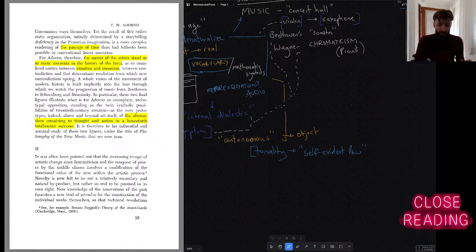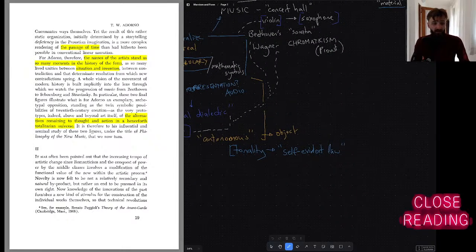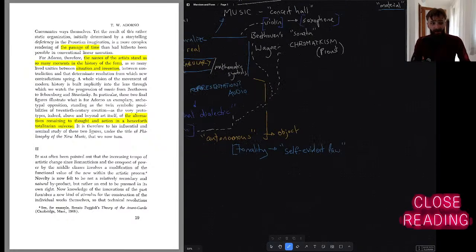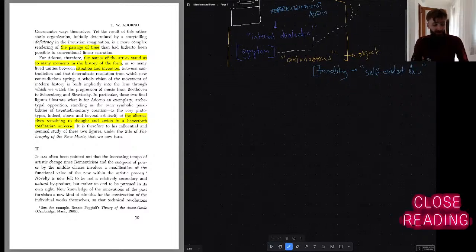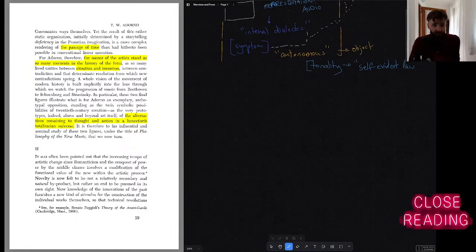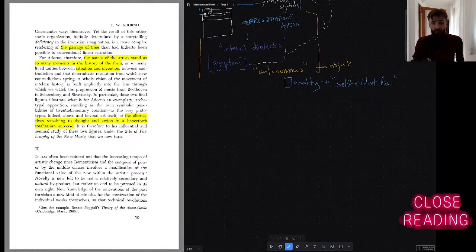So he uses this idea of music as an autonomous system, and he talks about music as an autonomous system having an internal dialectic. So we've got some of the key terms here. I just want to highlight the ones that are going to become very important in our reading as we go forward. One is tonality, the structure of the tonal system.